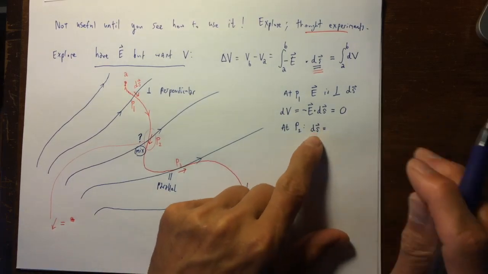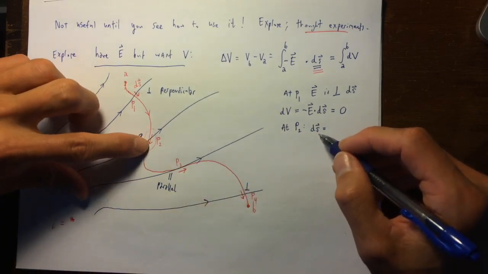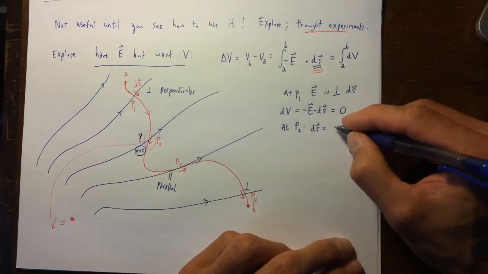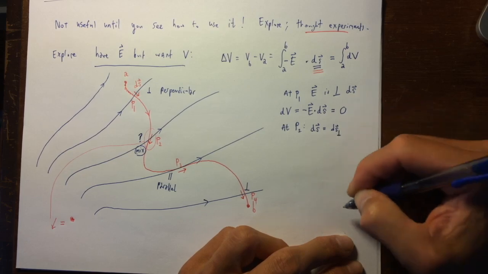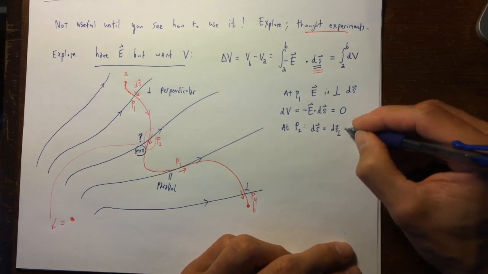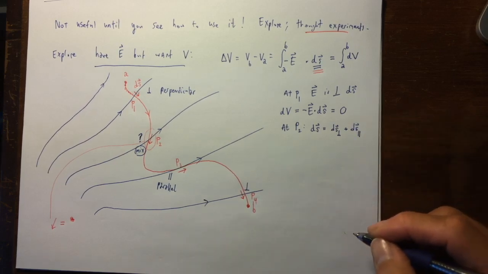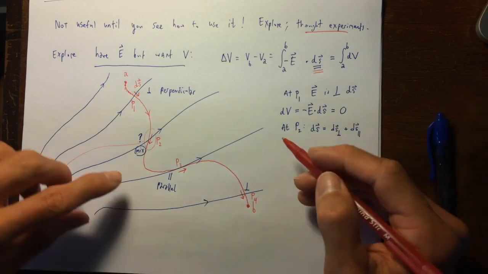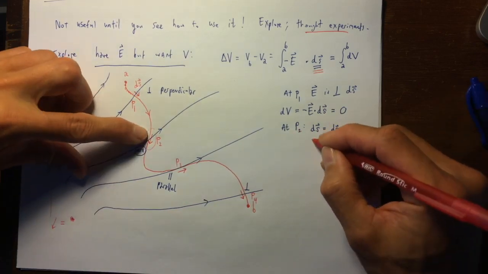So what I'm going to do is say that the ds vector, this red arrow right here, is actually equal to a ds vector that's perpendicular to the electric field plus a ds vector that's parallel to the electric field. So the ds vector, if I just translate it, so this arrow I drew over here, I'm going to draw it right underneath.